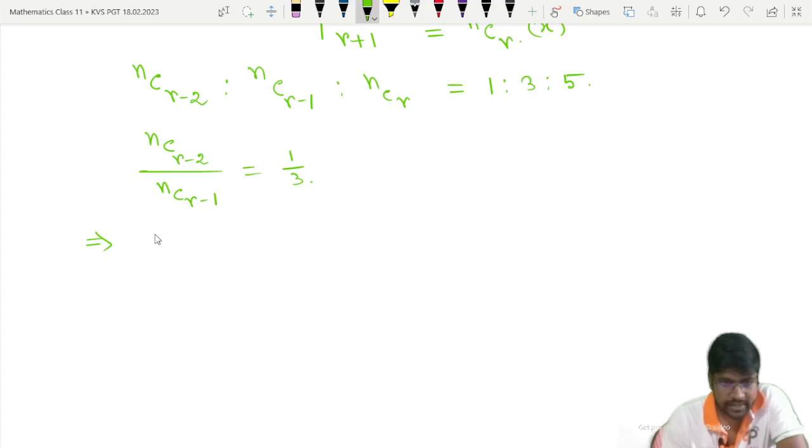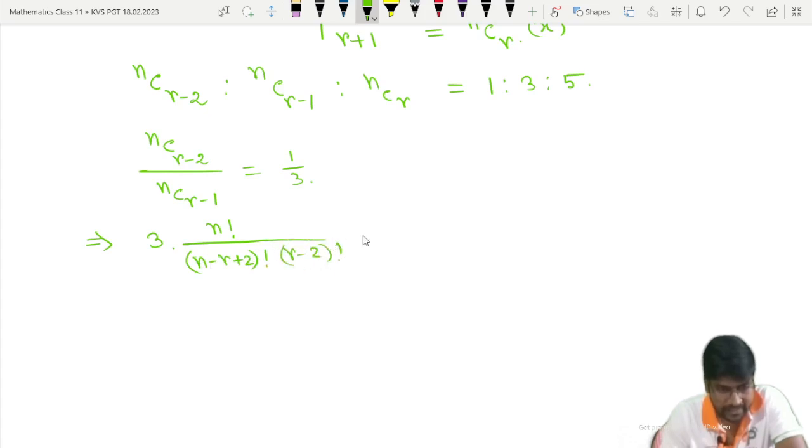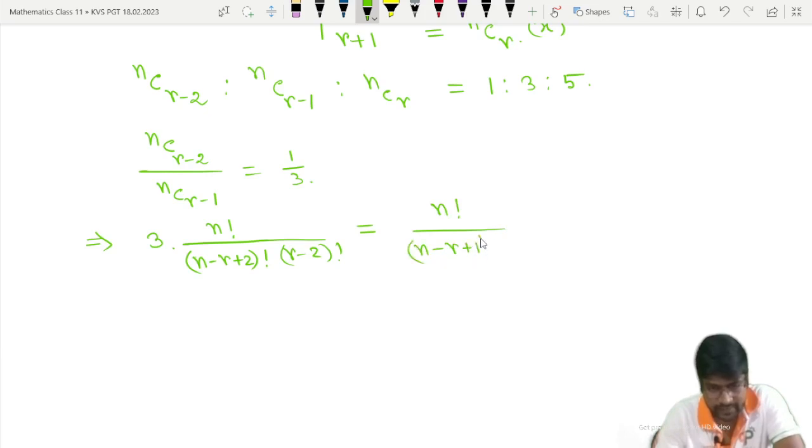Let me write 3 into nc r minus 2, that is equal to n factorial divided by n minus r plus 2 factorial into r minus 2 factorial. And on this side we will get n factorial divided by n minus r plus 1 factorial, and we will get r minus 1 factorial.